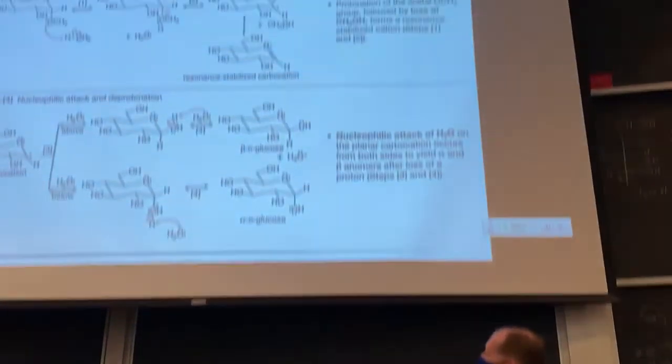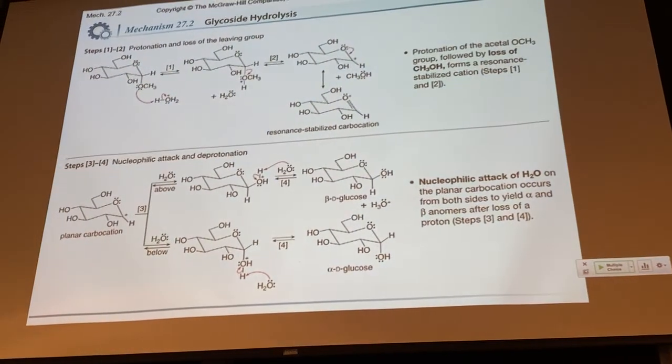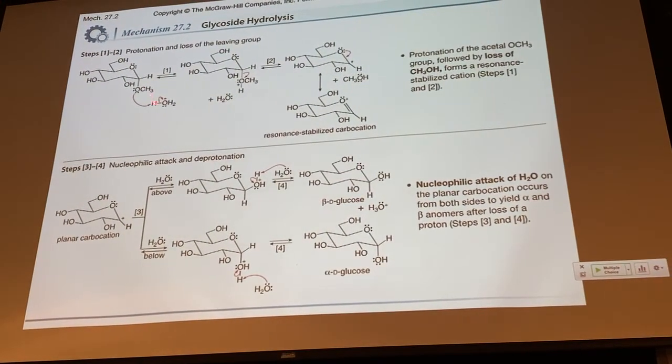Okay, we protonate. We can protonate any of the oxygens in our glycoside, but only if we protonate the ether at the anomeric carbon can we then lose our alcohol, which is methanol in this case, to generate the resonance stabilized cation. Right? There's only one resonance stabilized cation we can form. We're forming it in exactly the same way as we did in the forward direction.